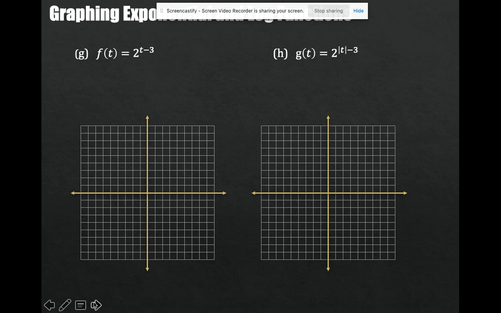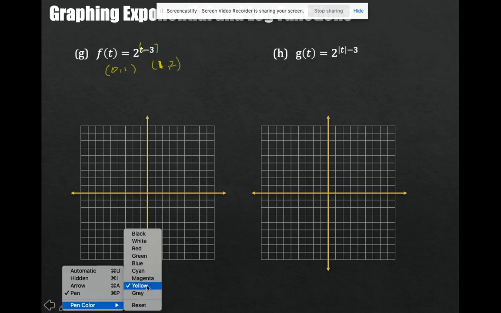Last ones. Fairly simple, right? Exponential function. I am operating on the domain, but not with a multiplier. So I have my exponential function (0, 1), (1, base). What's happened?